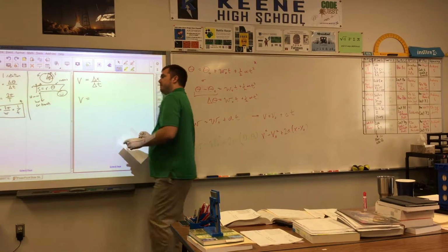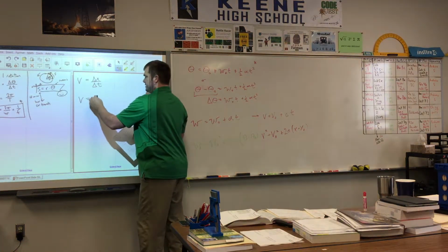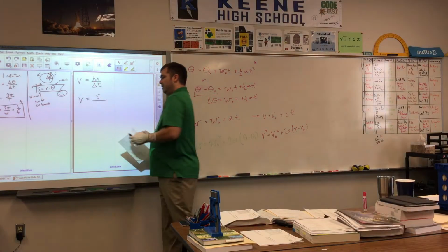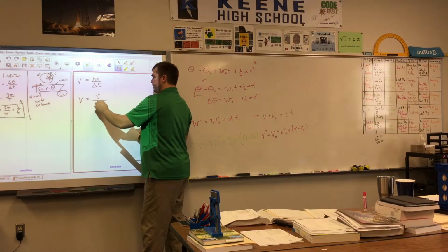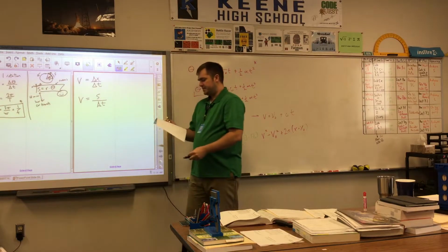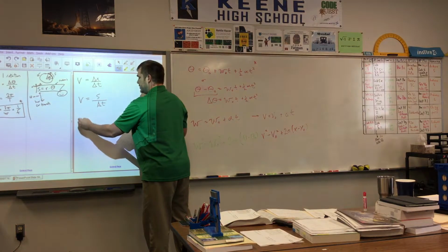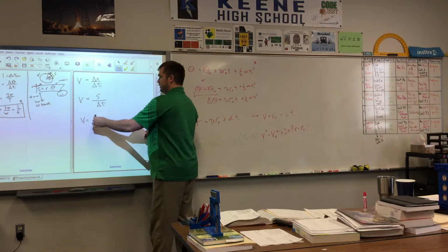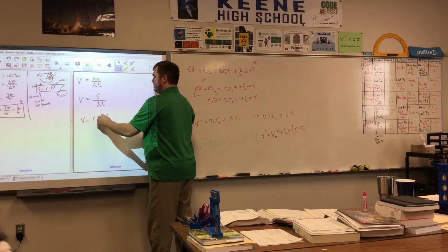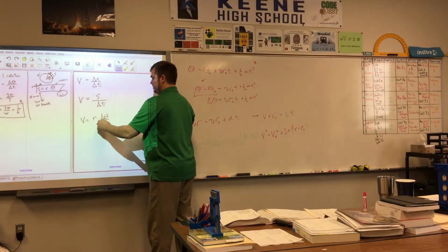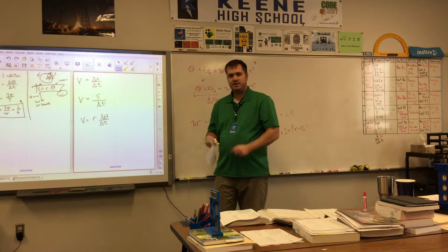The velocity of that particle, its displacement, so to speak, is s, over a time period, delta t. Utilizing the formula we just found, s is equal to r theta, so r times the theta that it's gone through, over t.